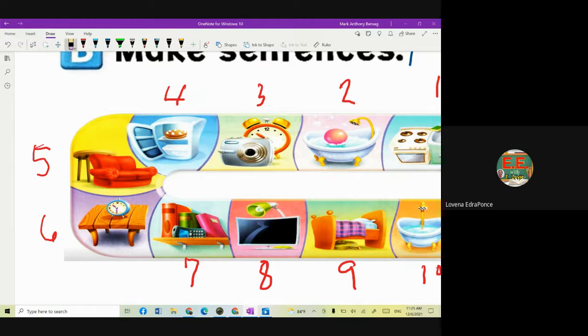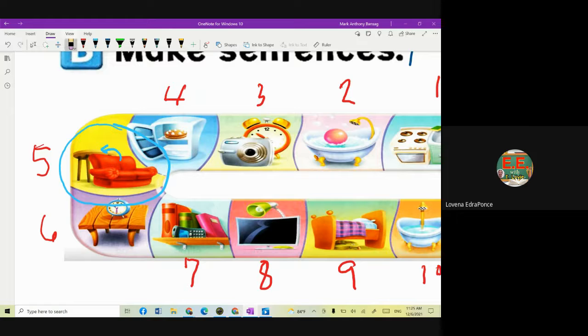How about number 5? Number 5, there is a table behind the sofa. Behind. There is a table behind the sofa.